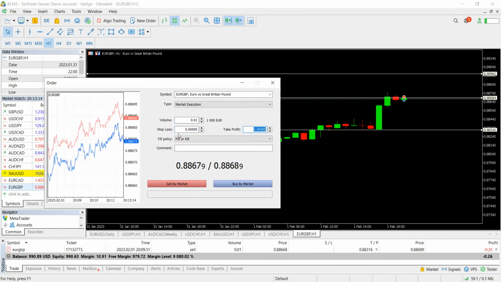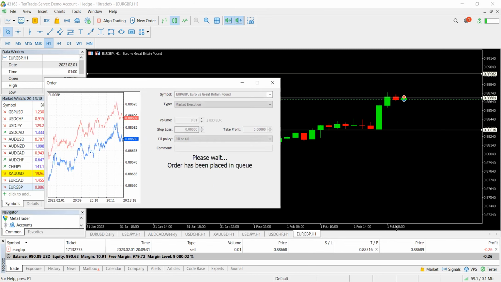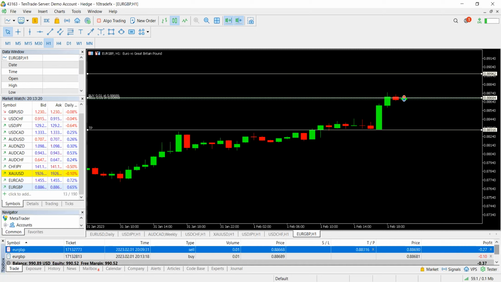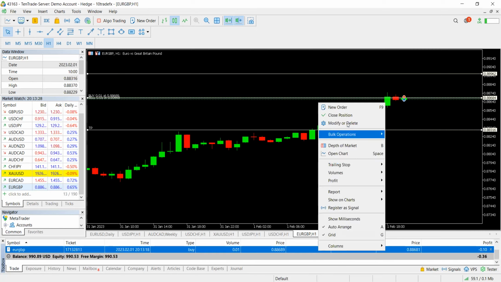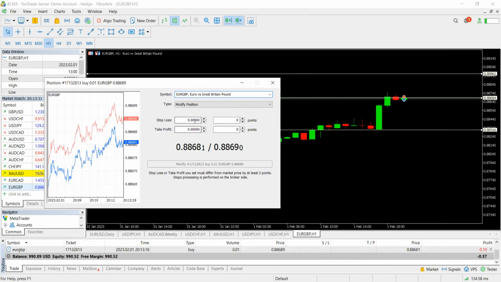So I can open a trade without putting stop loss and take profit. So I can buy. You can see my trade is running already. As you can see, there's no stop loss, there's no TP, but I can modify this trade. Okay, and then you can see I can add my stop loss value and take profit. So let me just do something.